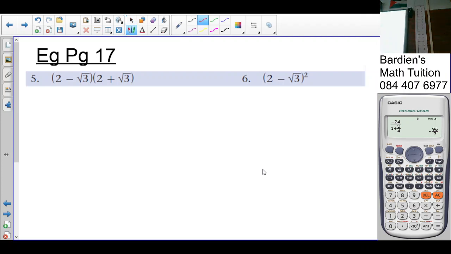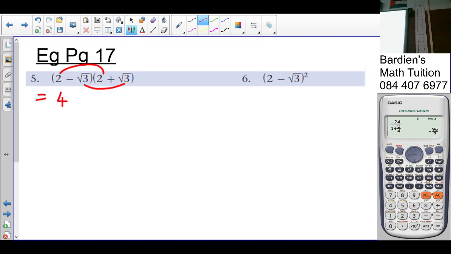What do you notice here in number 5? The conjugate pair, or what you call the difference of two squares. The result will be the difference of two squares, so we can just multiply the first and the last. What's 2 times 2? 4.